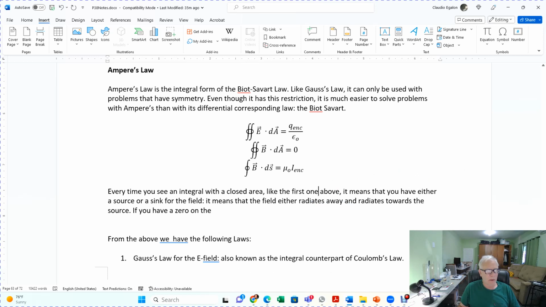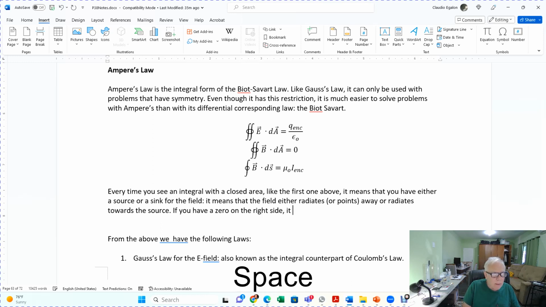It means that the field either radiates away from or points towards the source, which in the case of the electric field is the charge. If you have a zero on the right side, it means that the field does not do any of that. That's how you should interpret those integrals.